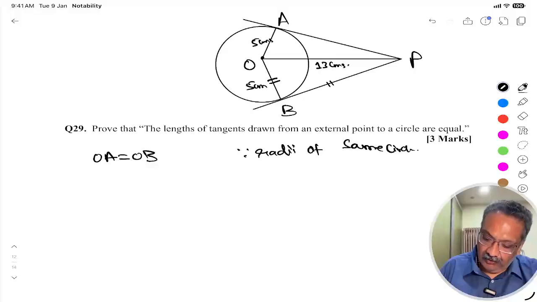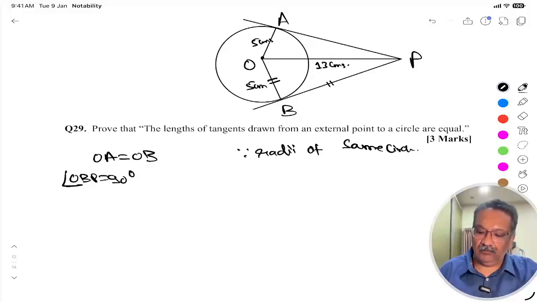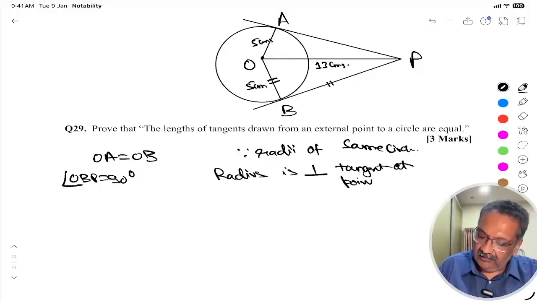So this will also be equal to 5 centimeters. Now, we also have angle OBP is equal to 90 degrees. This is theorem 1: radius is perpendicular to tangent at point of contact. You have to write it neat. This is 90 degrees.